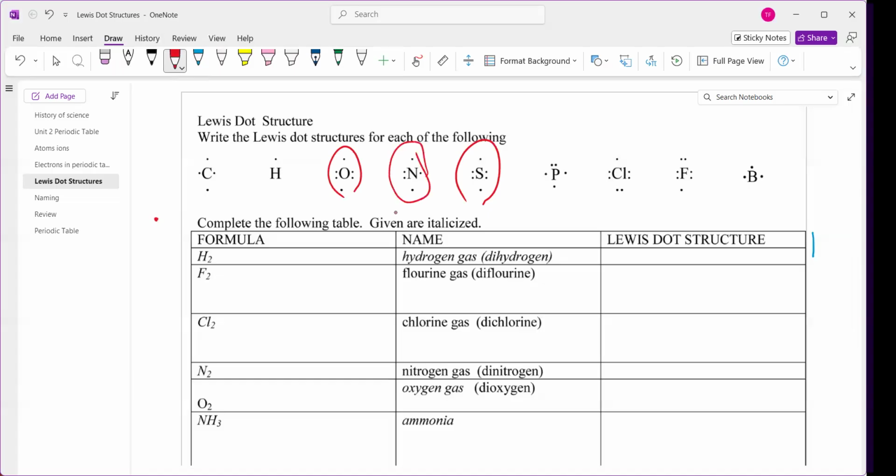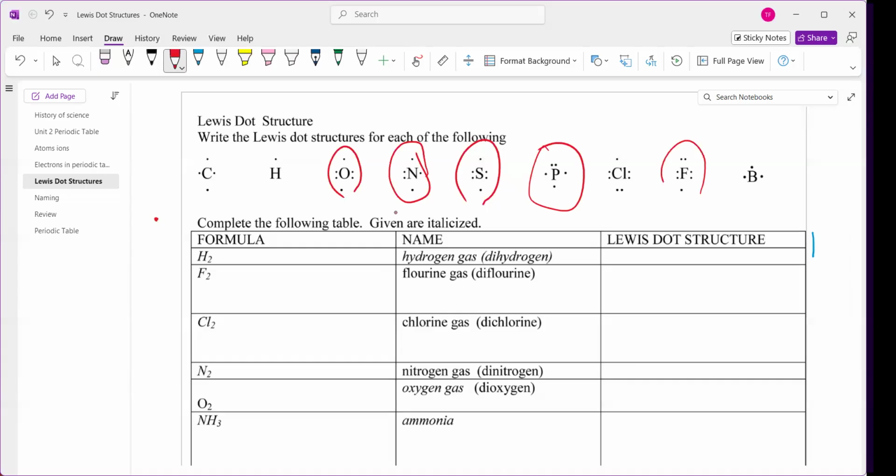Nitrogen. What's underneath nitrogen? P, or phosphorus, okay? Notice the valence for phosphorus and nitrogen are exactly the same. 3 singles, 1 pair. Notice the singletons are in different places, so they can be moved around at your convenience.